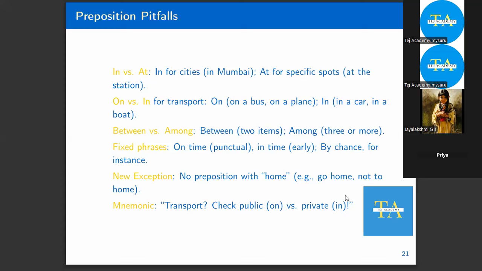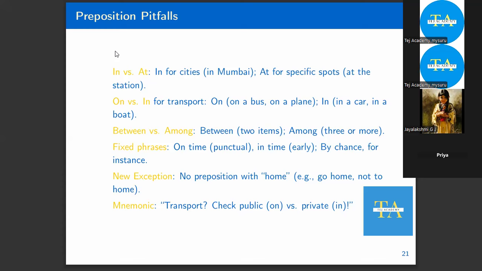If you are able to stand on a vehicle, you can use on. They can stand in a bus and on a plane as well, or on a ship. But you have the only option of sitting in a car or in a boat if it's small. So on for ship, because you can stand or walk on a ship. But in the car, there's only option that is to sit.